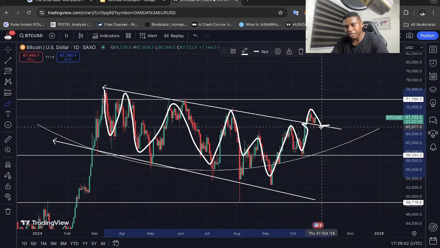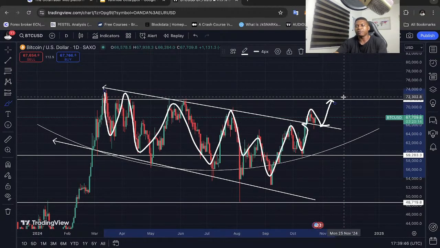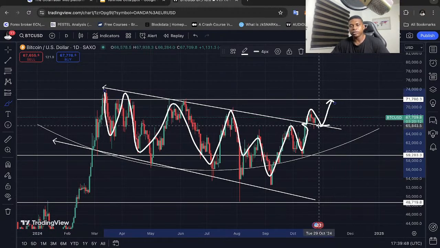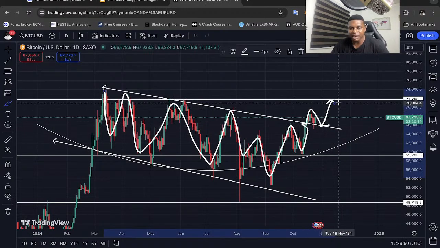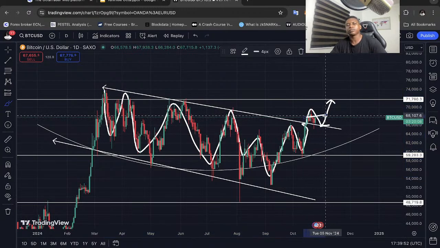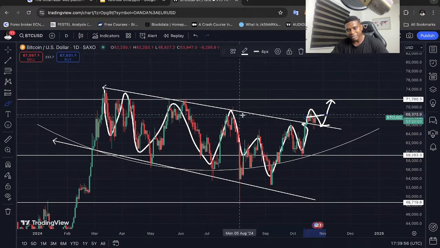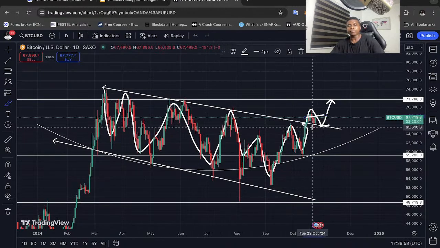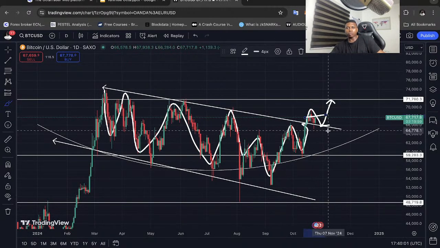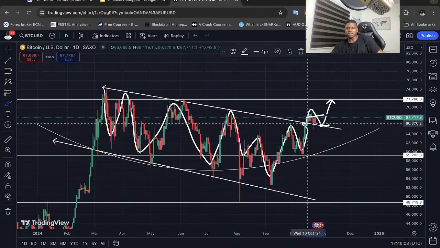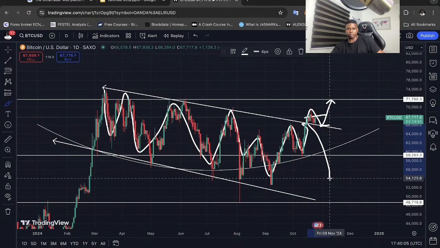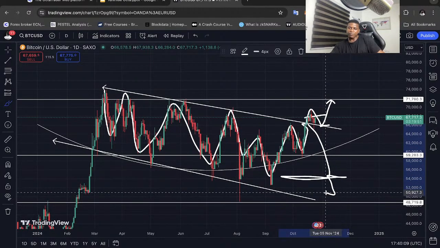Now what do we anticipate from here? A push up to 70. All right, so BTC is currently eyeing 70 from this level, because now it broke out from a downward trend. All right, originally what this would have meant when BTC got to this level was to come down, either to come down to this level or to come down further.